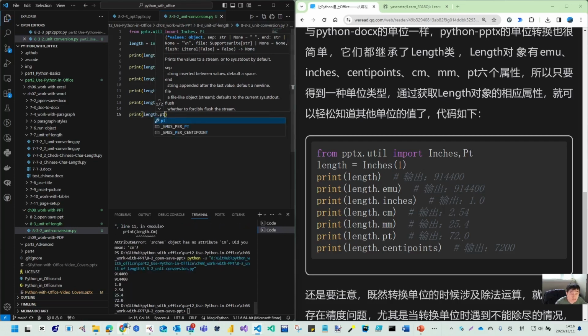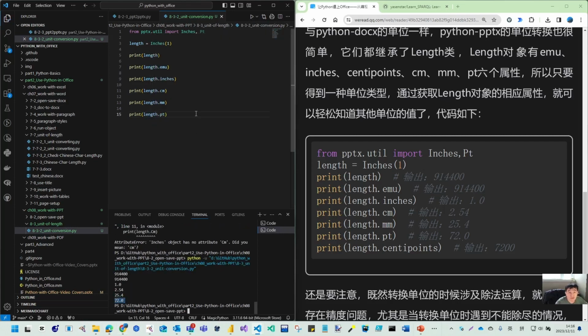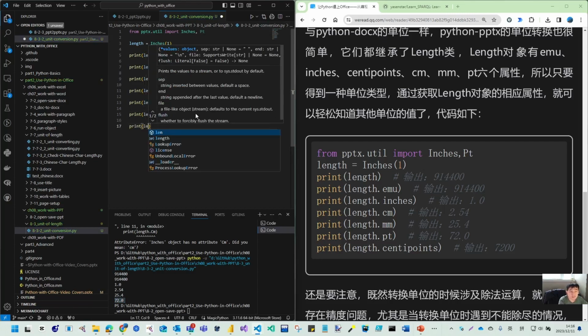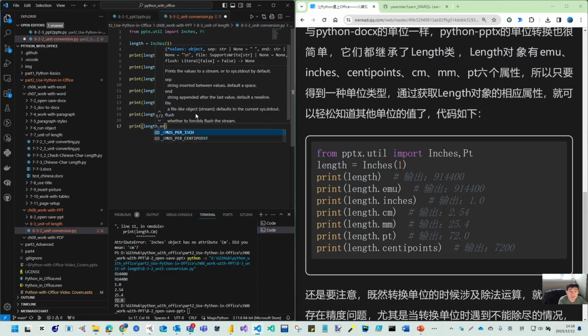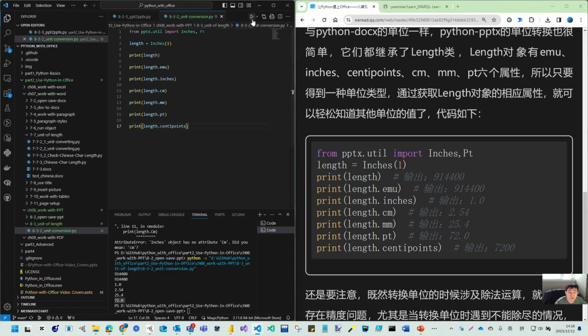So 1 inch is equal to 72.0 pound. And the last, let's say length, let's use this centipoint. A centipoint is just 100 times a pound. We will try to become familiar with this in later samples.